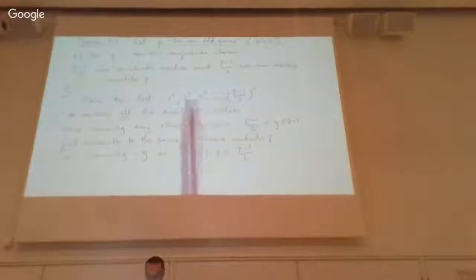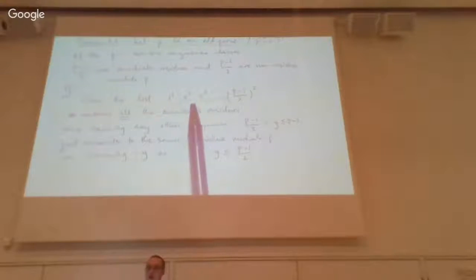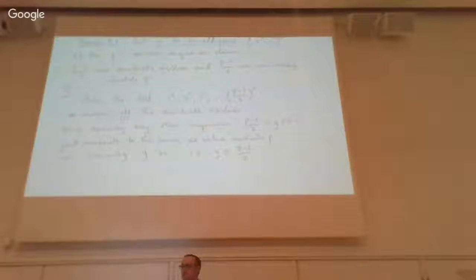objects listed down there, but we have to worry about, are they all distinct? Maybe there's some repetitions on this list. Maybe when you square things, it's not a one-to-one operation like that. So we know squaring in general isn't one-to-one because when you square x and minus x, you get the same value. But maybe something else funny can go on.